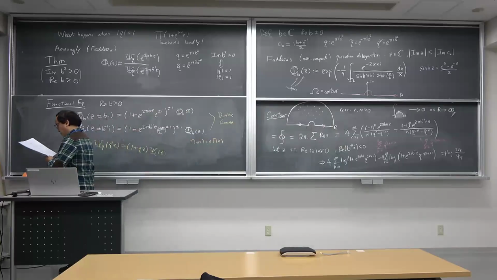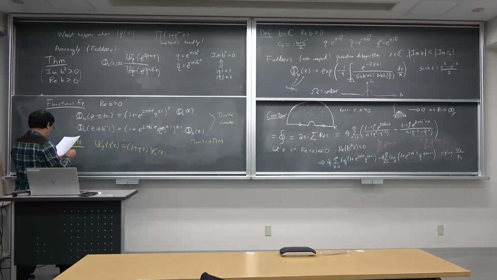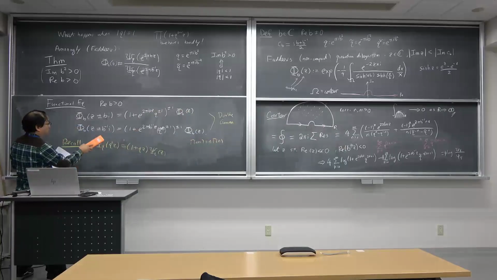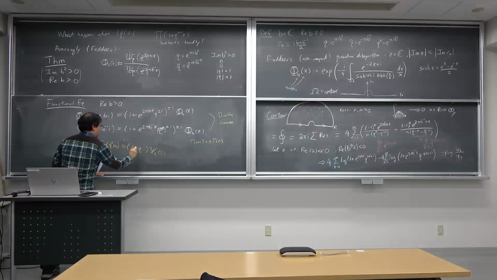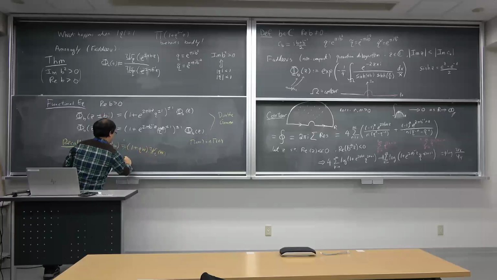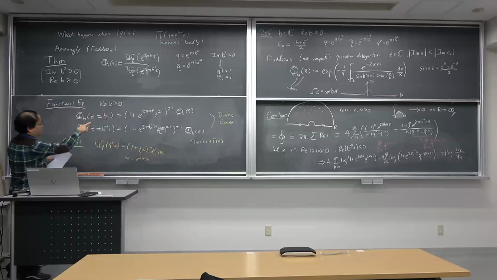Okay. I shouldn't use C. Maybe I use W. Yeah, so W is like e to the pi. Yeah, probably that is better.